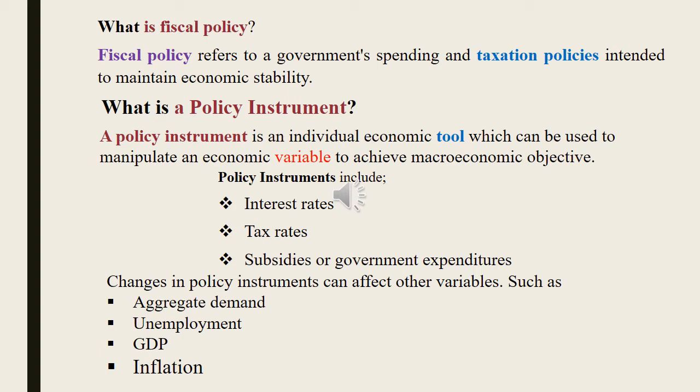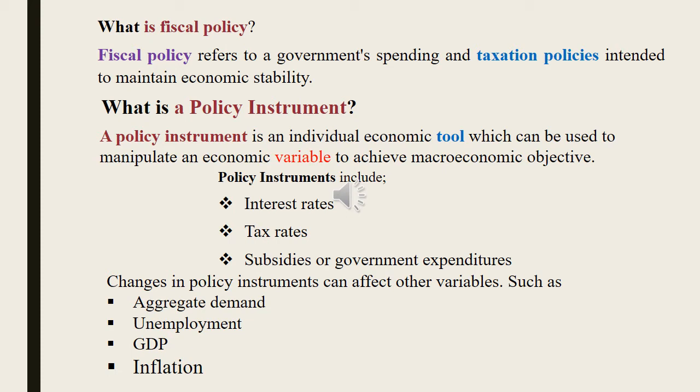For example, if the government increases income tax, what would happen to the disposable income? The disposable income will fall. As a result, aggregate demand also will fall. It means if the government has an objective to increase the aggregate demand in the country, because of the tax rate, the aggregate demand can be decreased.